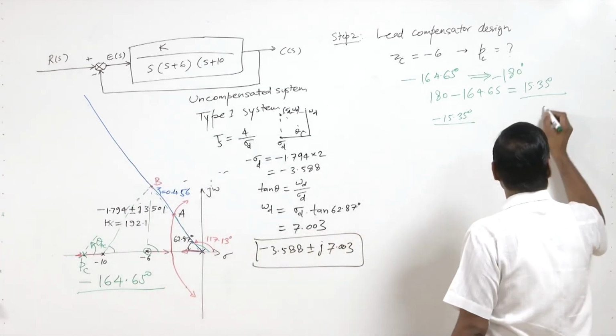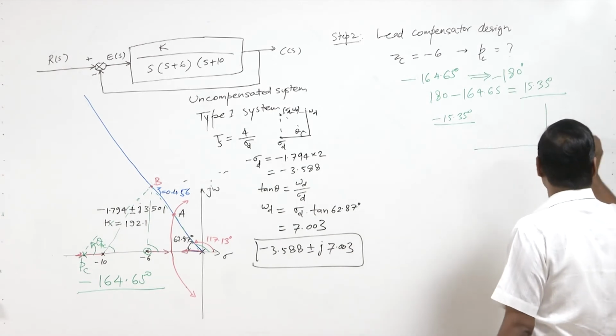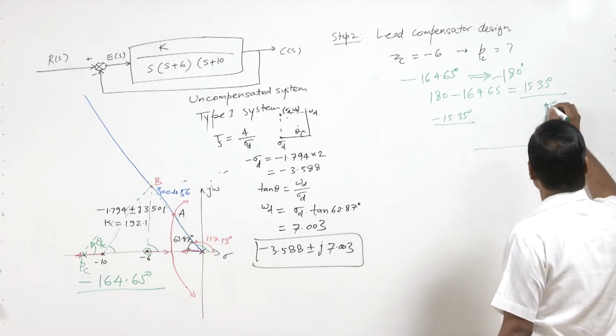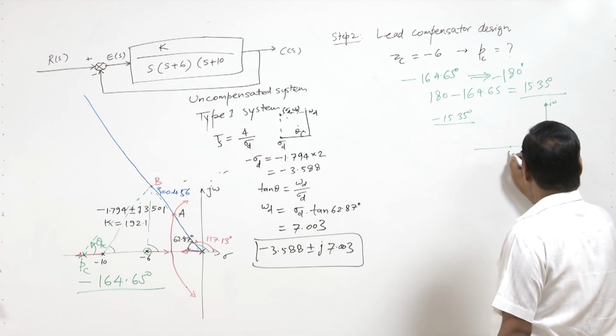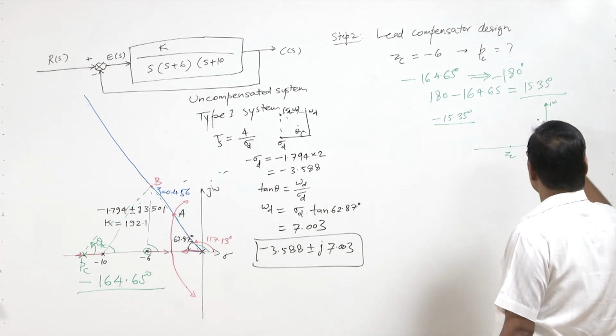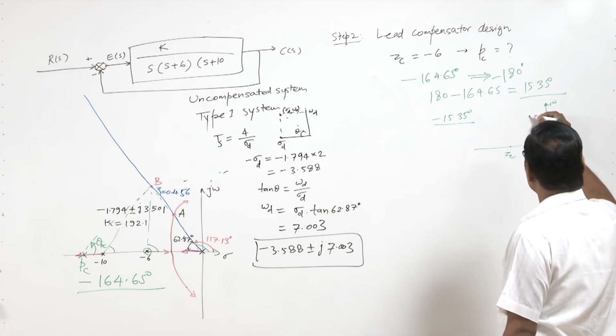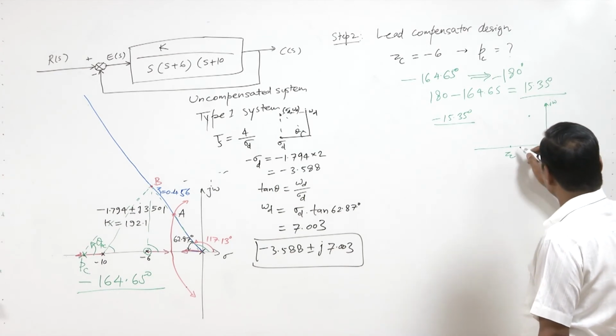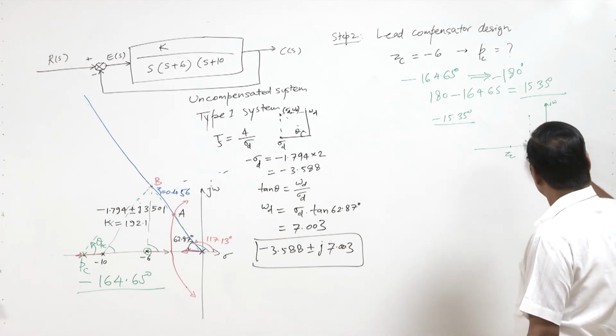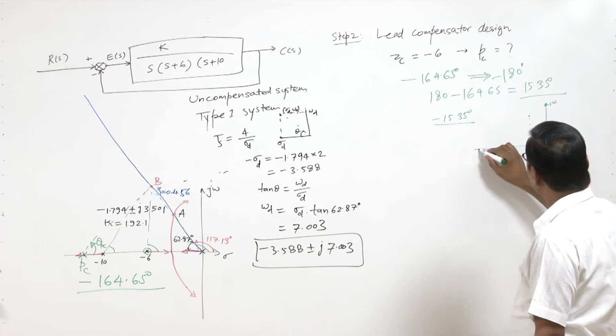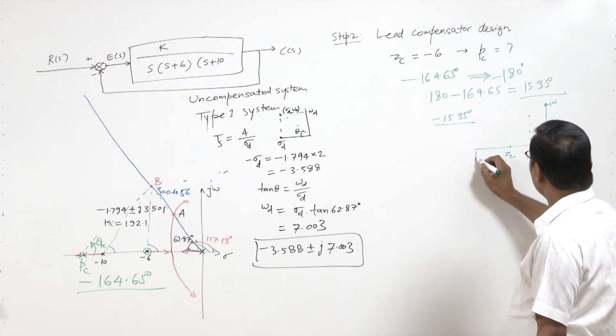So from here we can find the PC. We have this sigma j omega axis. Here we have put this ZC, and this is our pole location, and this is our PC.